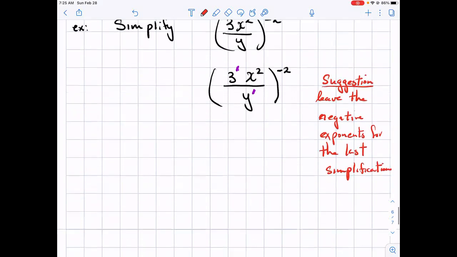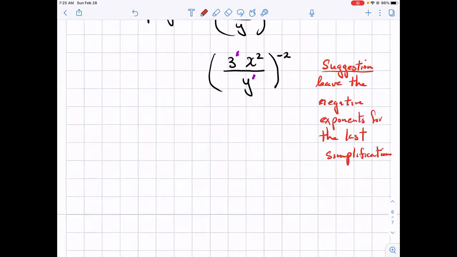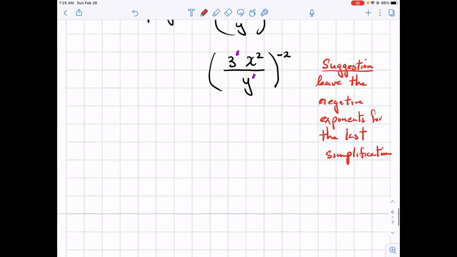So don't worry about negative exponents right now. Now remember PEMDAS, right? Please excuse my dear Aunt Sally. So you guys remember this, hopefully.